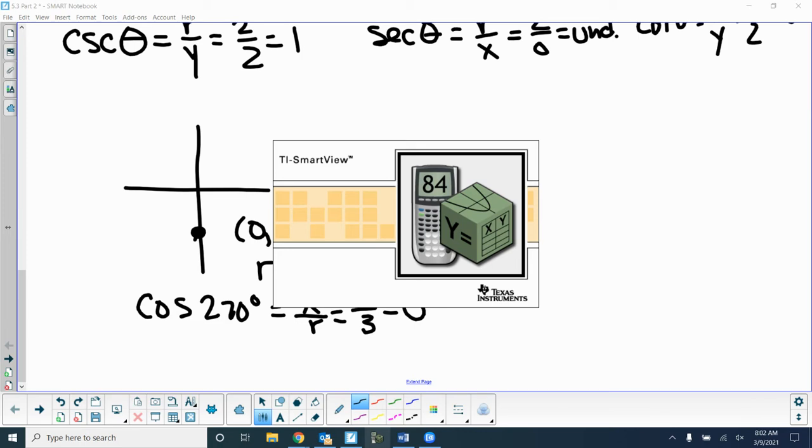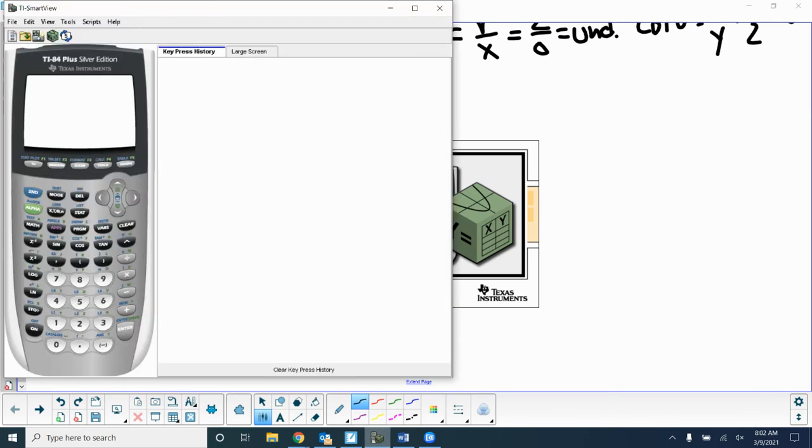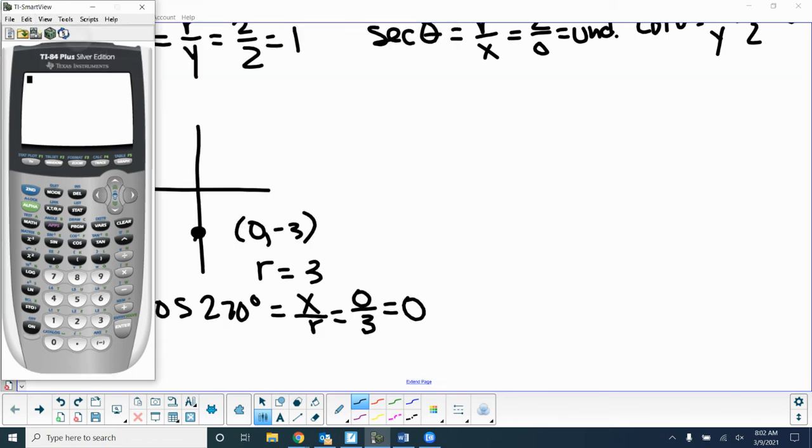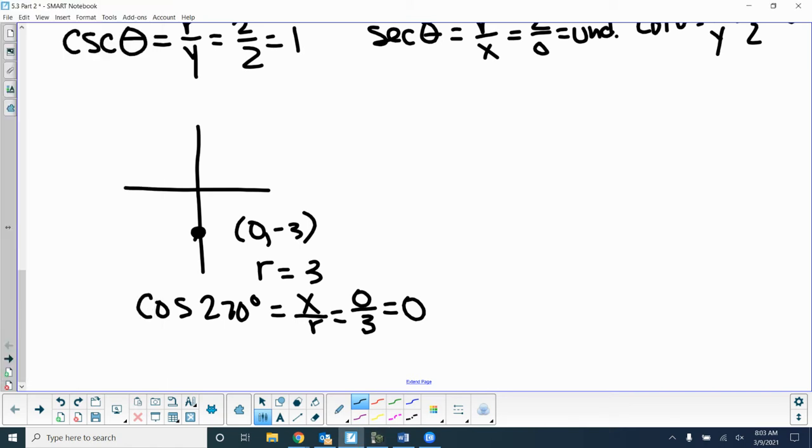Cosine of 270 should be 0. Make sure you're in degree mode when it's in degrees. But again, you don't need the calculator if you learn what I've been trying to tell you.